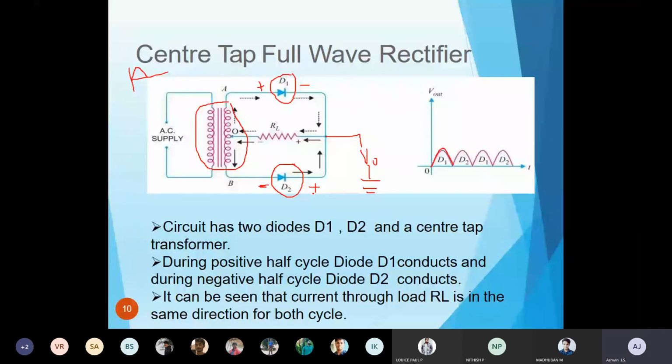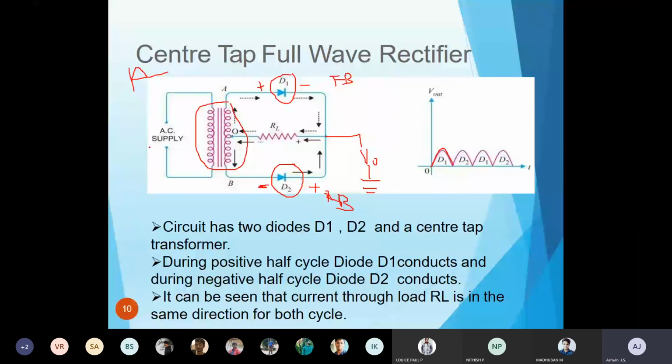D1 is in forward bias, which means D2 will be in reverse bias. Why? Because here the anode is connected to plus and the cathode to negative. Similarly here the anode is connected to negative and the cathode to positive. So this is in reverse bias condition, no conduction will occur.